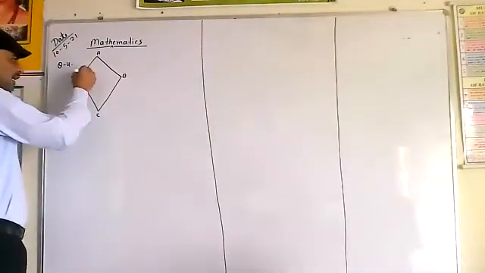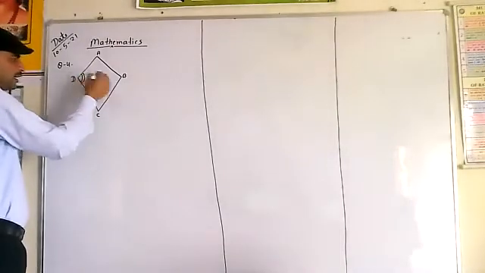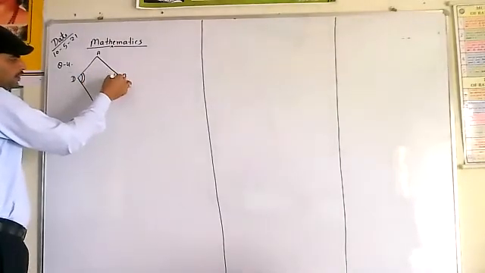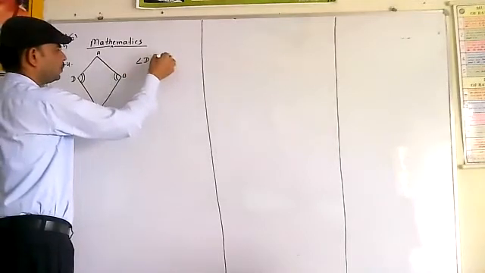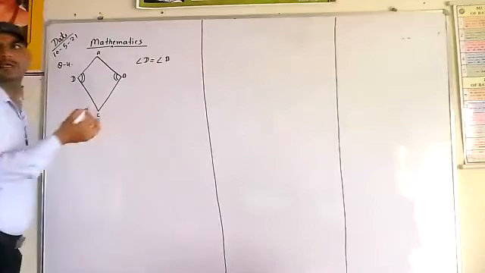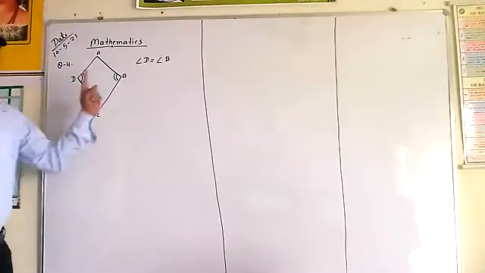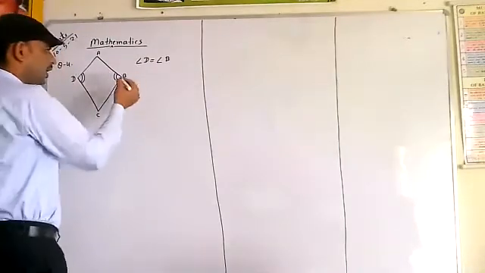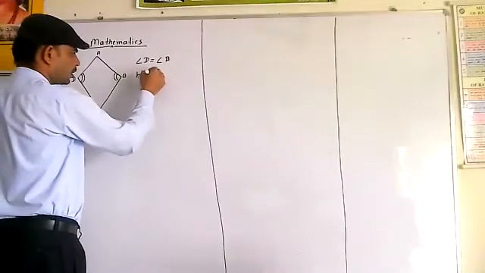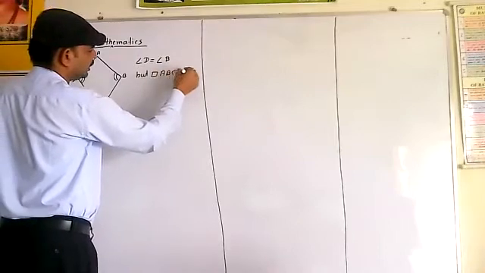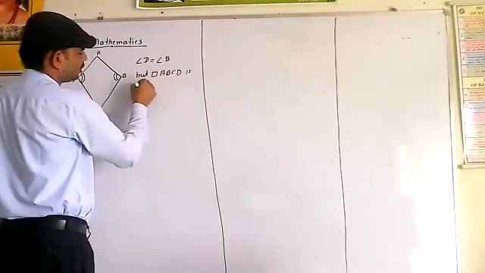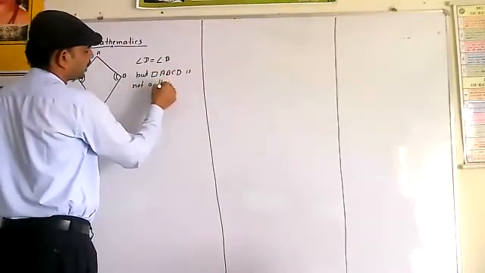And the opposite angle, angle D is equal to angle B. But quadrilateral ABCD is not a parallelogram.